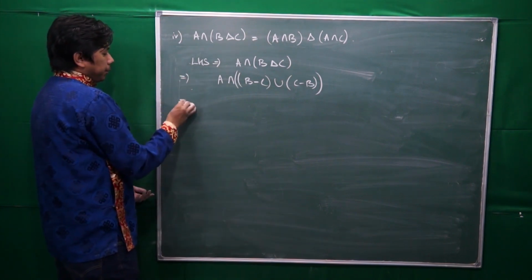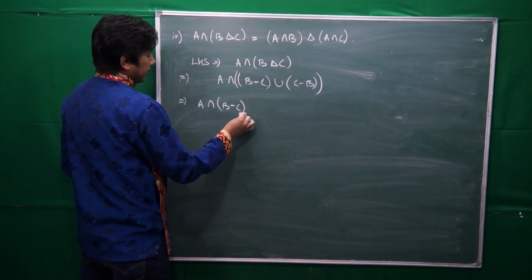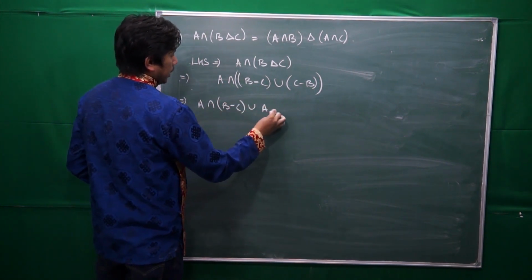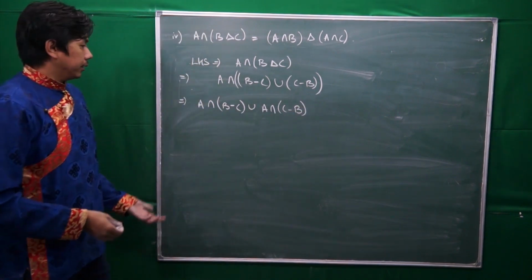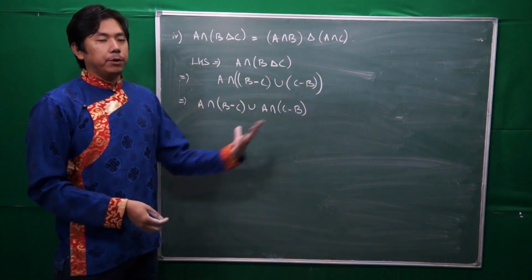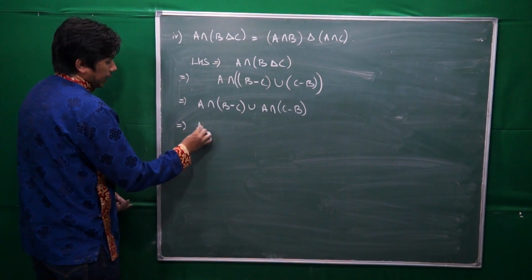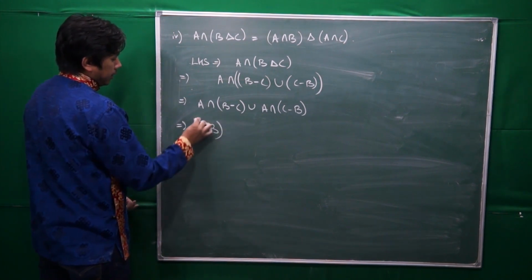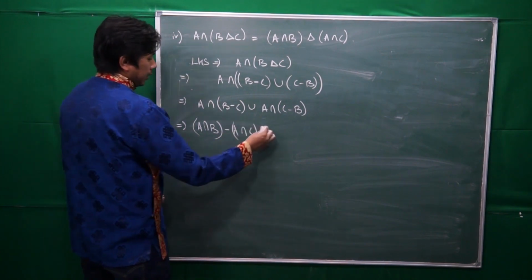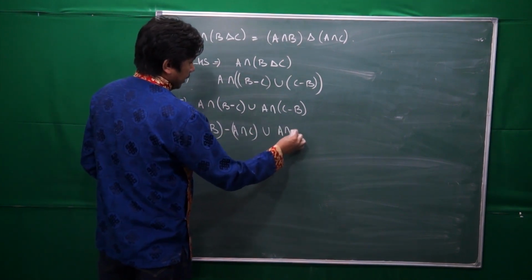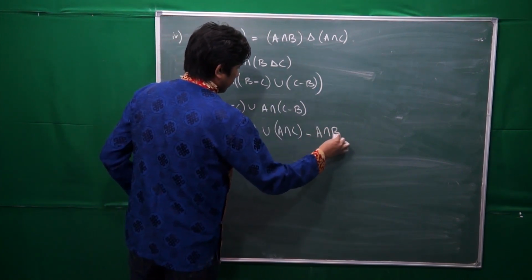Now using the distributive property, we can write (A intersection (B minus C)) union (A intersection (C minus B)). Clear? This is the distributive property. Again, further distributing it, (A intersection B) minus (A intersection C), union (A intersection C) minus (A intersection B).